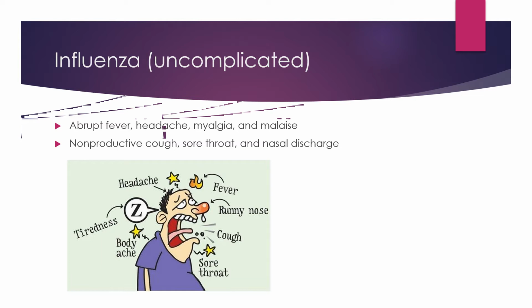So usually we know when this is hitting. Typically, influenza season is anywhere from October to April. Around here, it tends to be more that December to April timeframe. But we'll see.